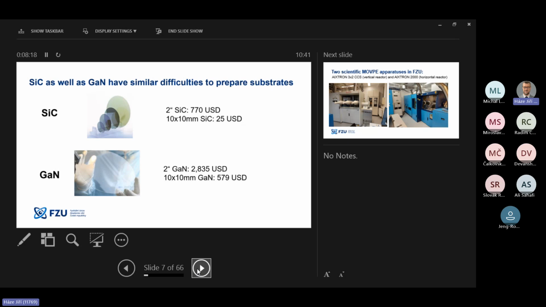So 2-inch silicon carbide we could buy for $770 US, while 2-inch gallium nitride for $2,800. And with 10 by 10 silicon carbide and gallium nitride, it was even more ridiculous. So you can see that availability of gallium nitride substrates is still difficult. So we usually use different substrates for the epitaxy. It could be either silicon or silicon carbide, or most often sapphire.